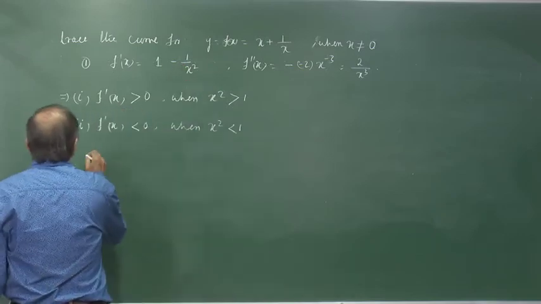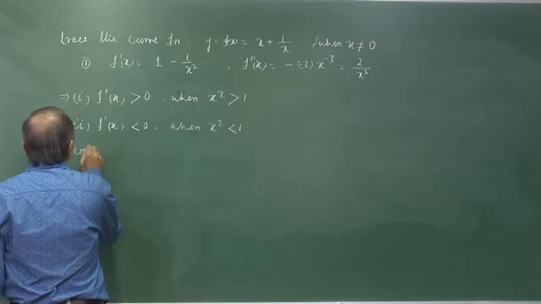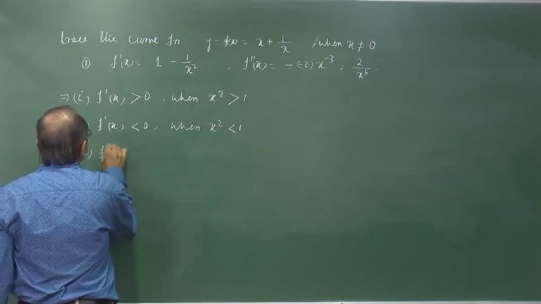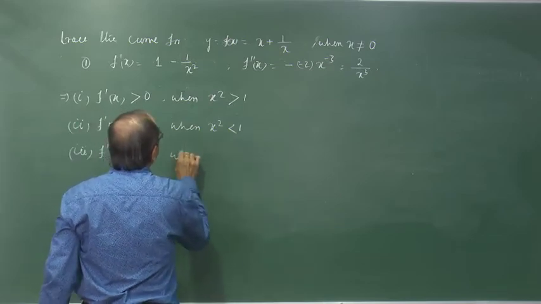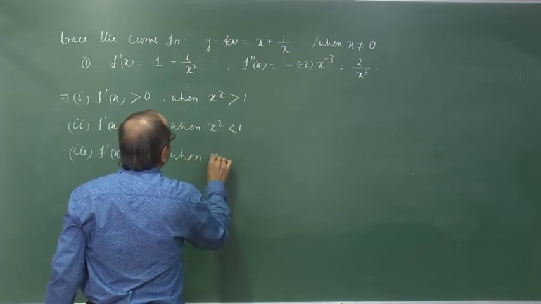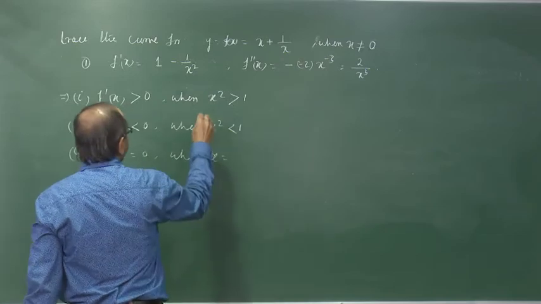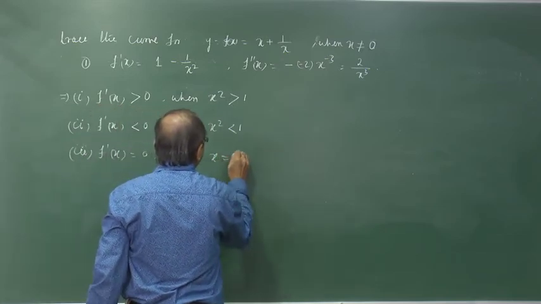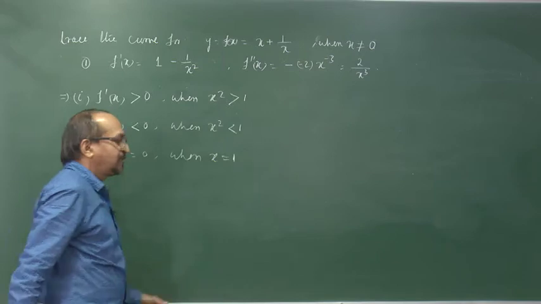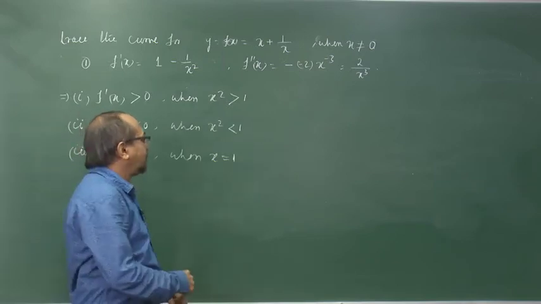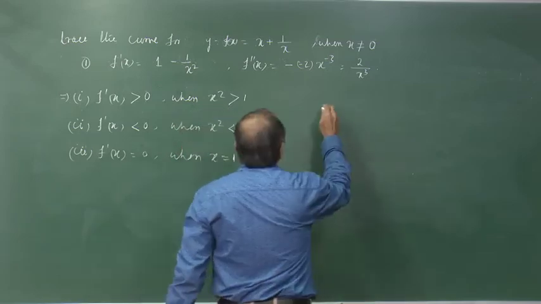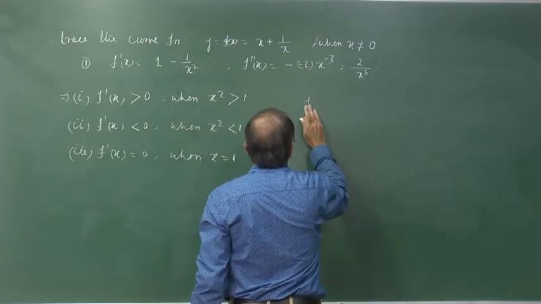And f dash x is equal to 0 when x is equal to 1. So, this x equal to 1 is a stationary point, a point of extremum, maximum or minimum. Okay. Now, what about f double dash x?